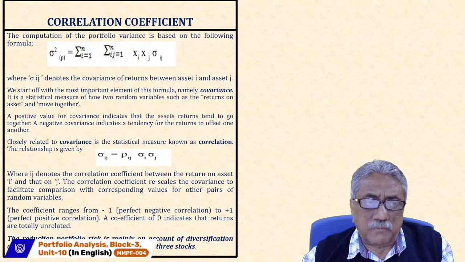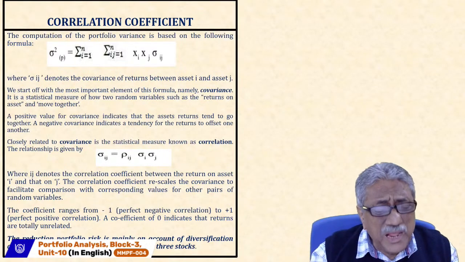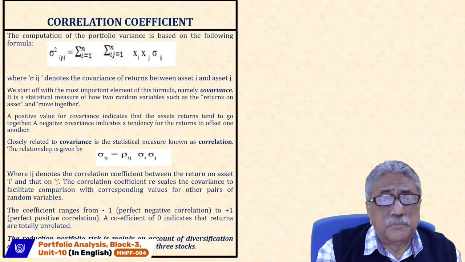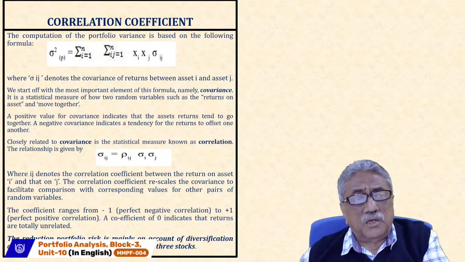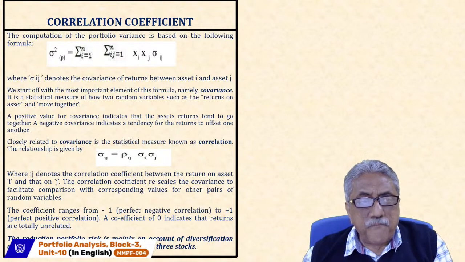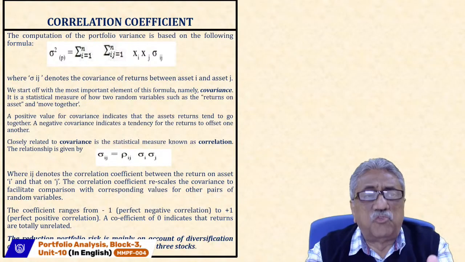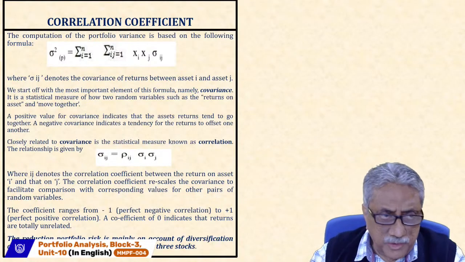Or both are giving return. Or it may happen one is giving return and one is giving negative return and they are moving in a different direction. So this you need to study from the historical data using the statistical method.